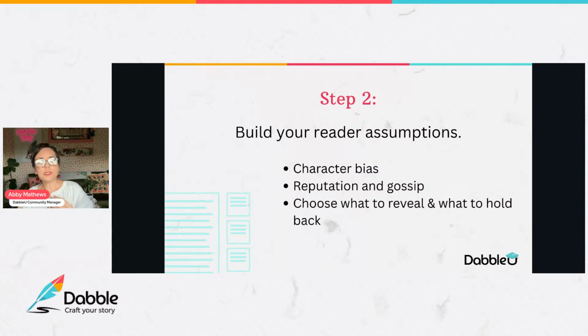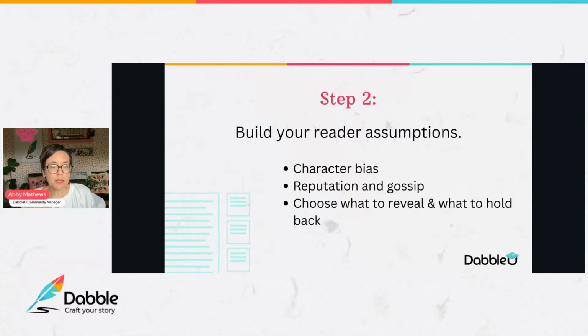But you as the writer have to choose what to reveal and what to hold back. So you're going to frame your scenes selectively, right? You're not going to lie. You're just going to choose what to reveal and what to hold back.